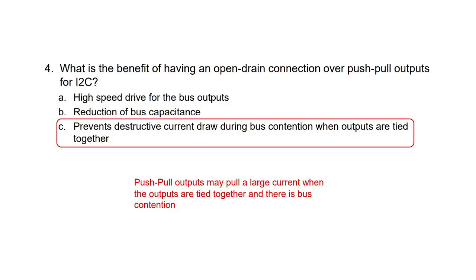What is the benefit of having an open drain connection over push pull? This will prevent destructive current draw during bus contention when outputs are tied together. When you are using push pull, you get an indeterminate output. You can't find out the output.